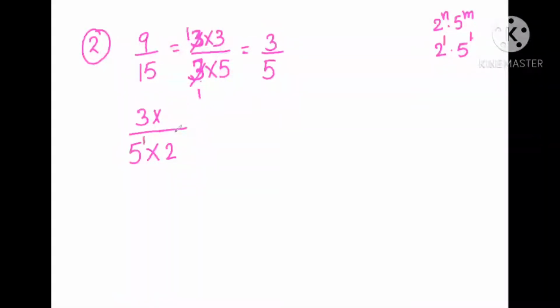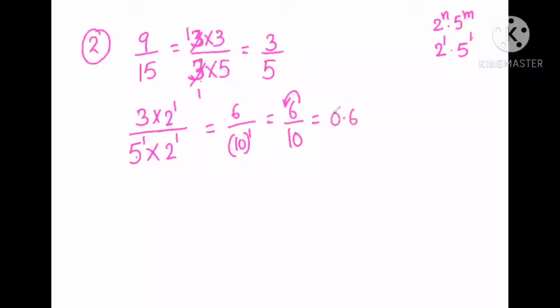So here the exponents of 5 and 2 are equal. So you multiply with 2 power 1 both numerator and denominator, then the value of the fraction does not change. 3 into 2 is 6, 5 into 2 is 10, that means 6 by 10. Here only one 0 is in the denominator, so starting from the right side, after one digit, keep the decimal.